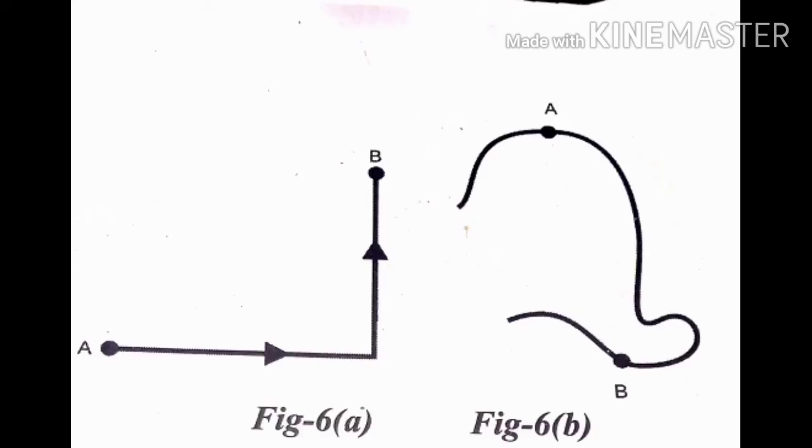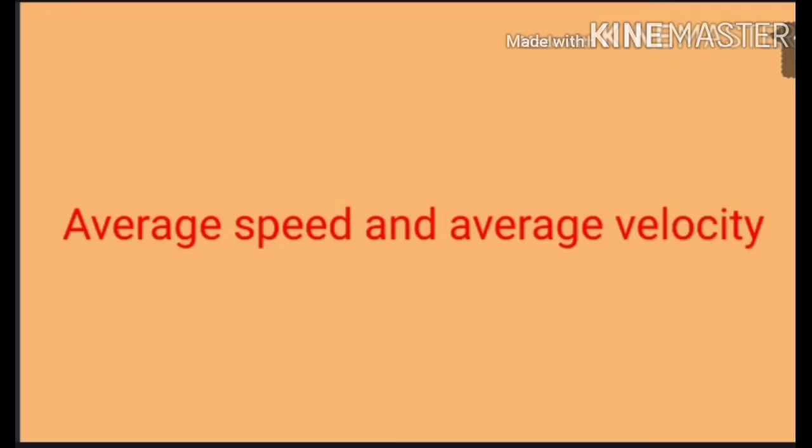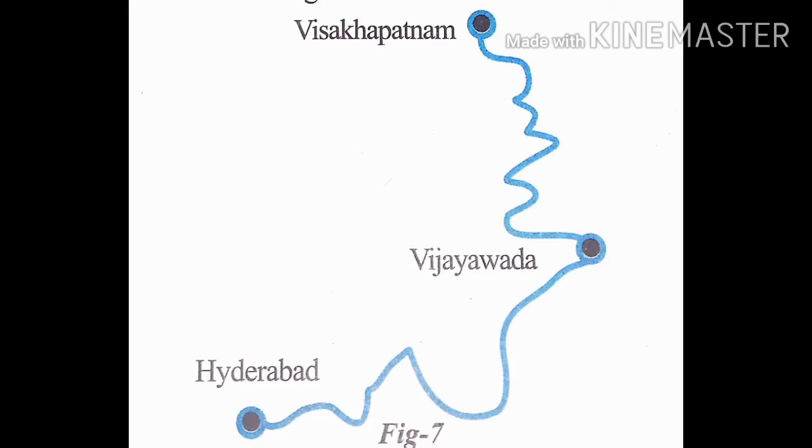Let's go to the average speed and average velocity. A train named Godavari Express starts at 5 p.m. from Visakhapatnam and reaches Hyderabad at 5 a.m. the next day, as shown in the given picture. Observe.